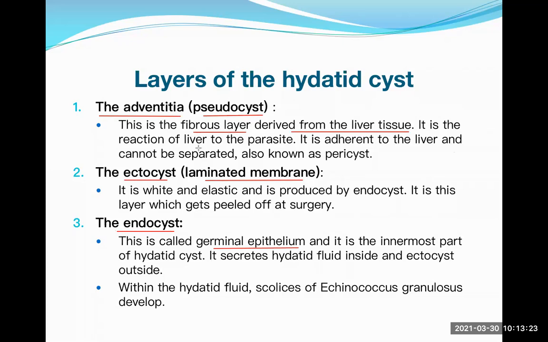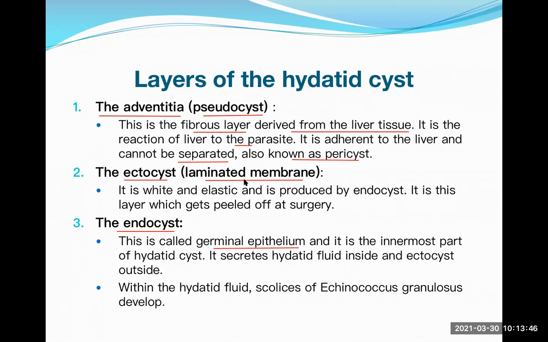It is the reaction of the liver to the parasite. It is adherent to the liver and cannot be separated, so it is also known as pericyst. During surgical removal of the hydatid cyst, it is difficult to remove this layer, and usually the surgeon leaves it behind.